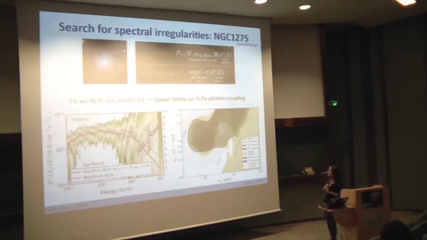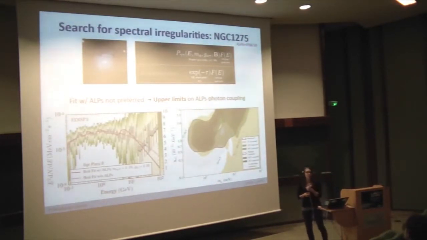So next, also at GeV energy, you can study the oscillations, as I was saying, but you are probing a different range in masses. What was done by the Fermi-LAT collaboration was to study this radio galaxy, NGC 1275, and test different hypotheses, so the presence or not of the oscillations.